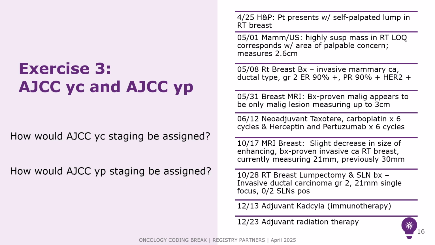On 10/28, the right breast lumpectomy and sentinel lymph node biopsy showed invasive ductal carcinoma grade 2, 21 millimeters single focus with 0 out of 2 sentinel lymph nodes positive. And after that, the adjuvant immunotherapy and adjuvant radiation therapy were performed. So how would AJCC YC staging be assigned here? And how would AJCC YP staging be assigned?